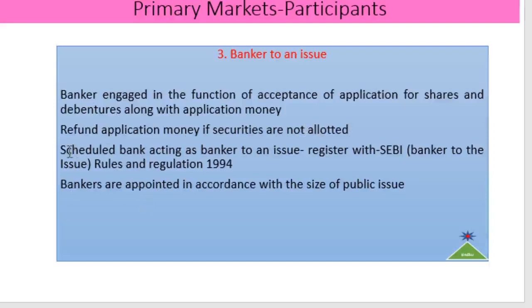Any scheduled bank acting as a banker to an issue must register with the SEBI under this provision, and bankers to the issue are appointed in accordance with the size of the public issue. If the size is very large, 3 to 4 bankers can be appointed by the company. Another important condition is that the banker to the issue should have branches in the specified collection centers.